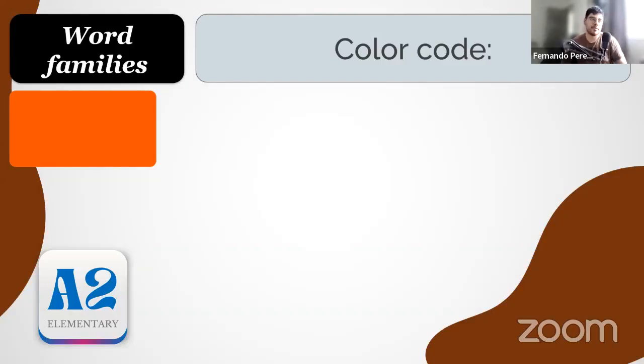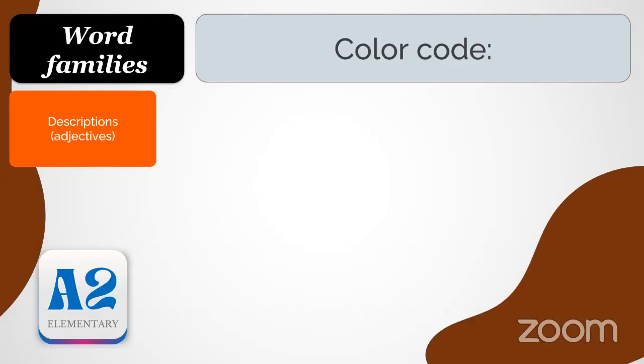Gabi must remember what is the type of word that we use for color orange. Adjectives. Very good, you remember. Color orange are adjectives, such as descriptions, words that help us describe. Gabi, do you have an example of an adjective? Small.